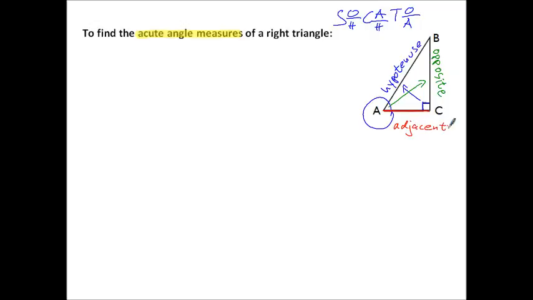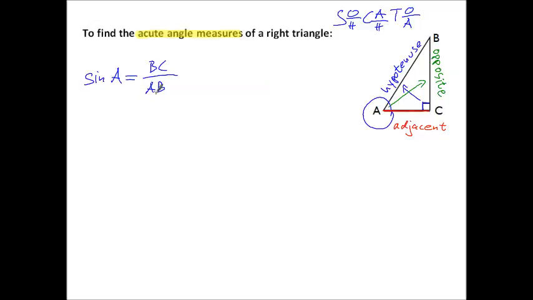So to find the measure of angle A, we can do it three different ways. We can take the sine of angle A, and the sine of angle A is the opposite, in other words, BC over the hypotenuse, which is AB.